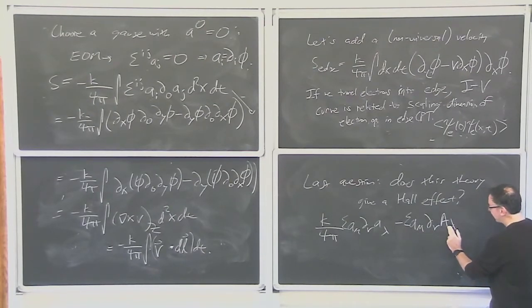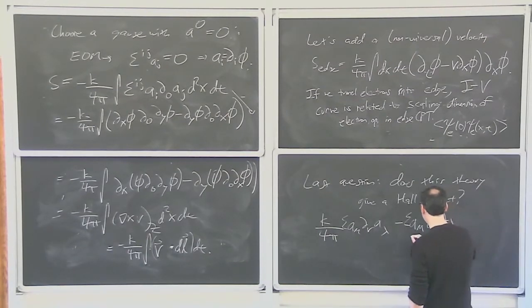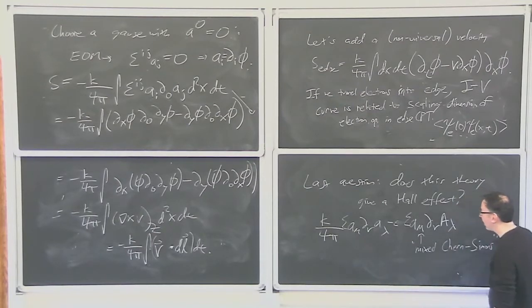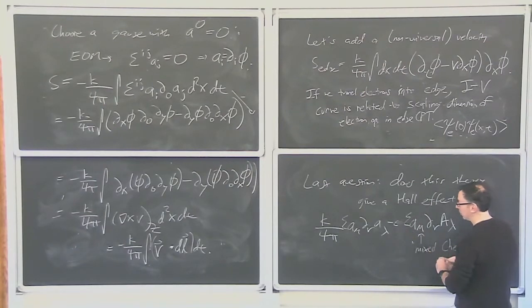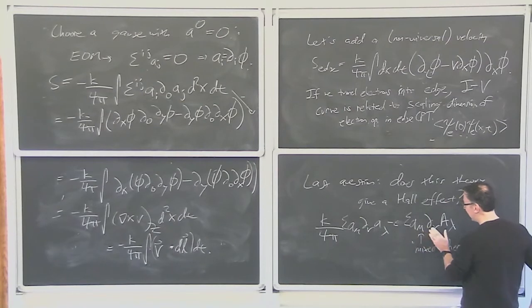So capital A is the electromagnetic vector potential. Lowercase a is the Chern-Simons field. And again, there's some factor. And this one is called mixed Chern-Simons because it's got the two different fields in it. But now we come along and we integrate out little a. So in other words, think of this like a Gaussian integral, where I've got a squared minus little a times big A. Well, what did I expect when I integrate out little a?